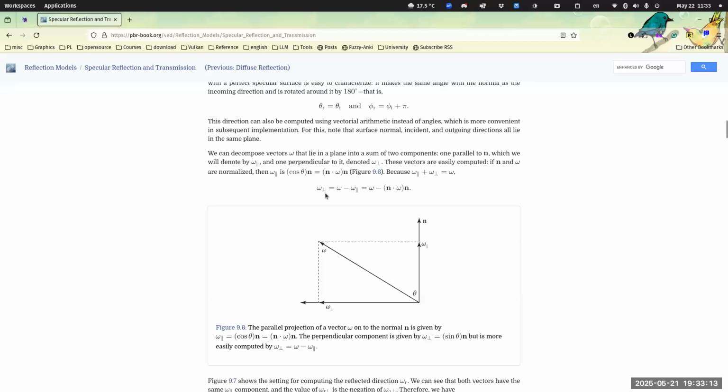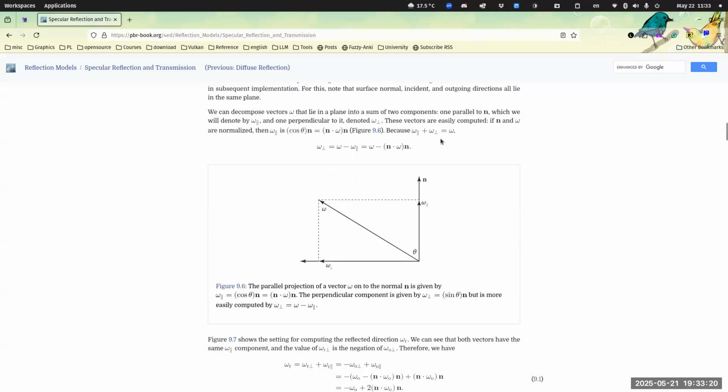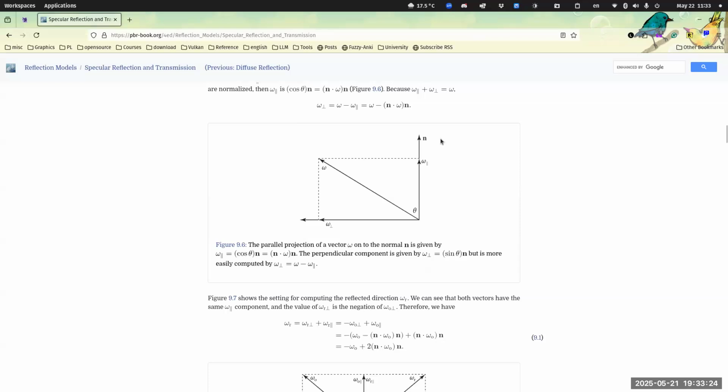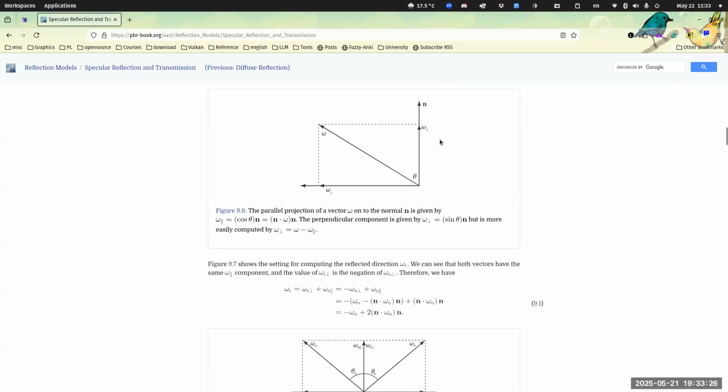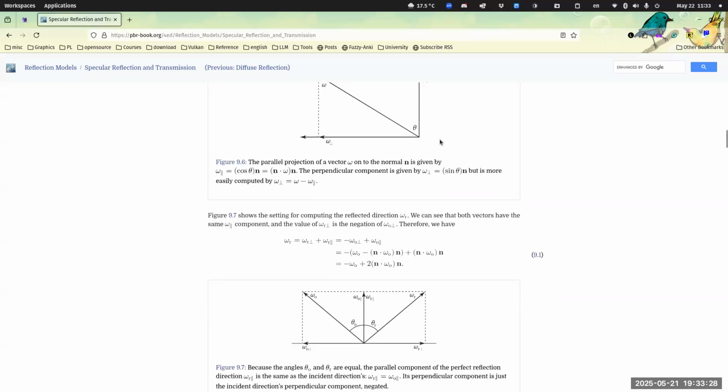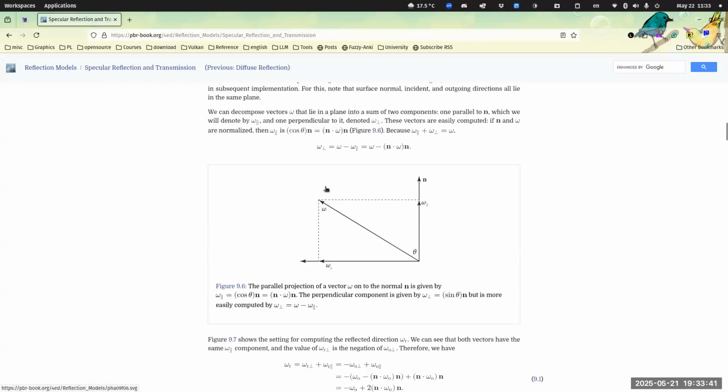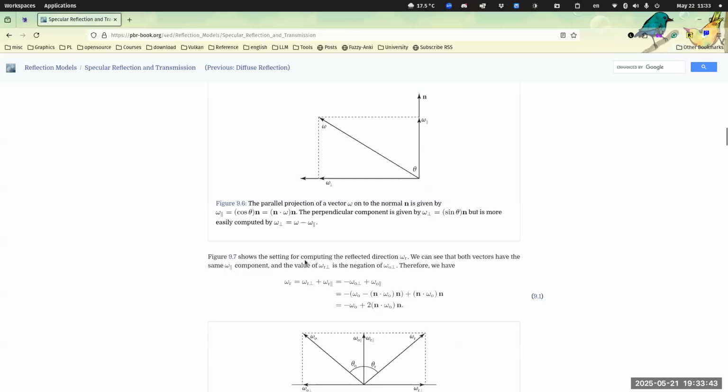And for the perpendicular component, we just use subtraction.